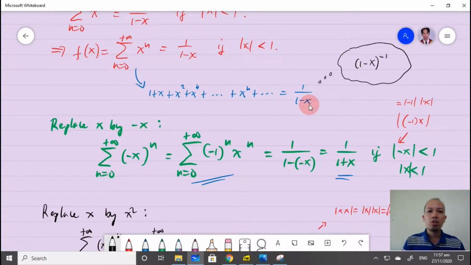So in order for this expression to have a power of 2, what we will do is get the derivative.